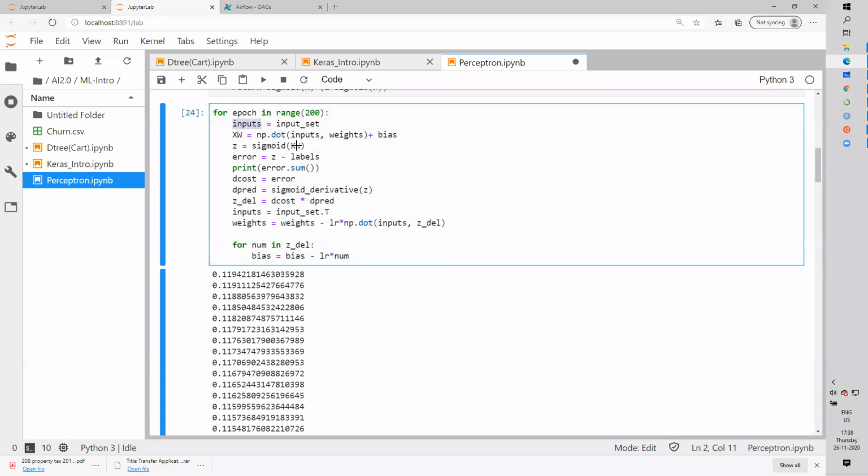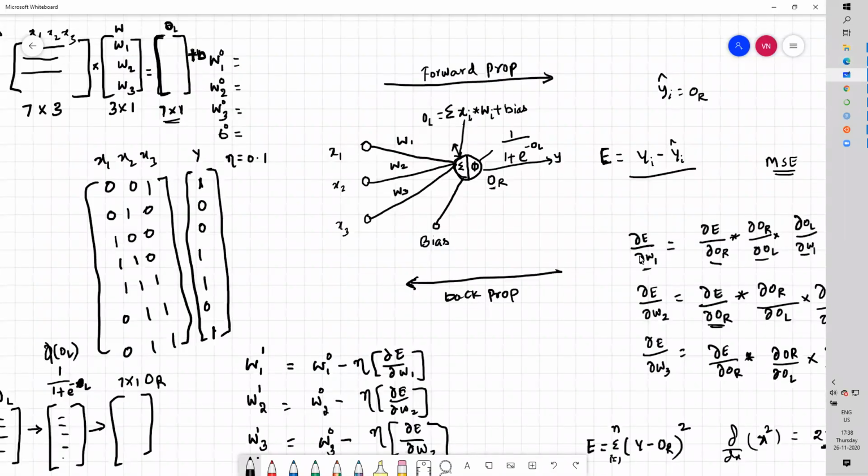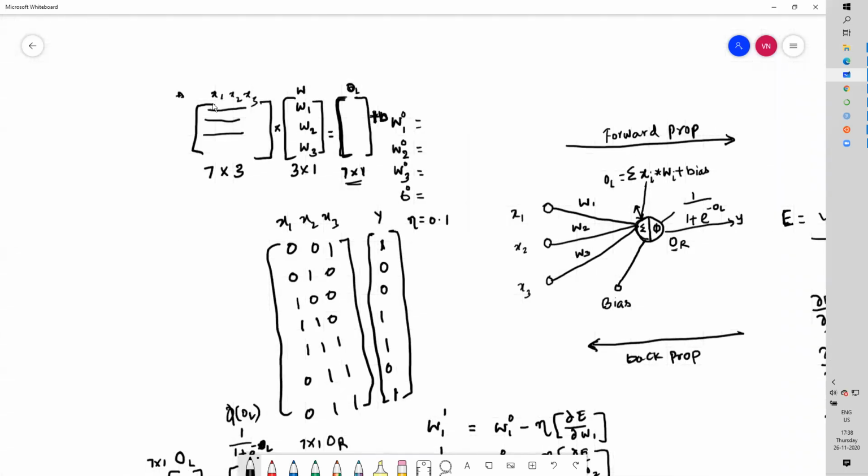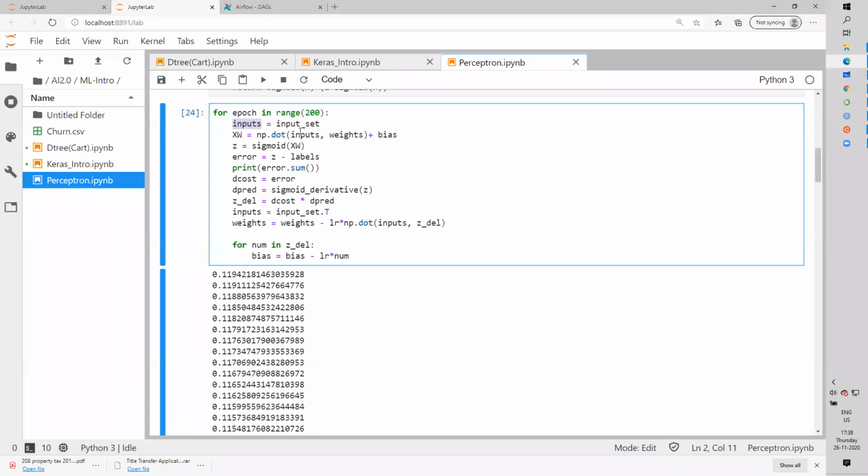First calculation. What is our first calculation? The first calculation is this matrix: inputs multiplied by weights. So np dot dot is a function which computes the dot product, which is indirectly the matrix multiplication.